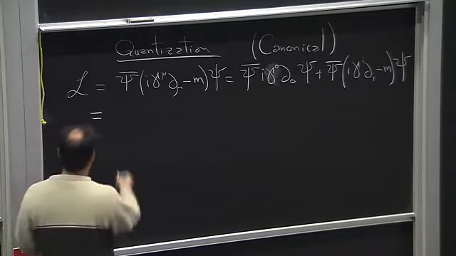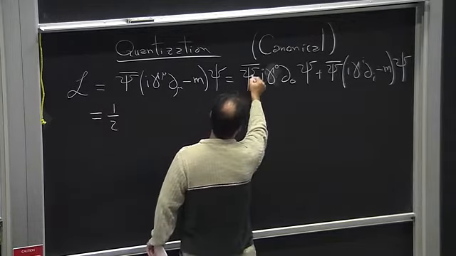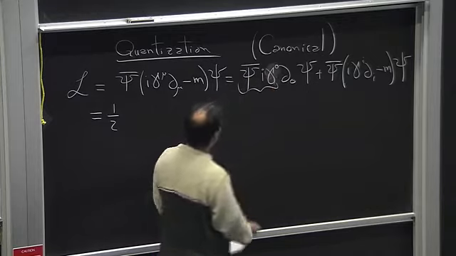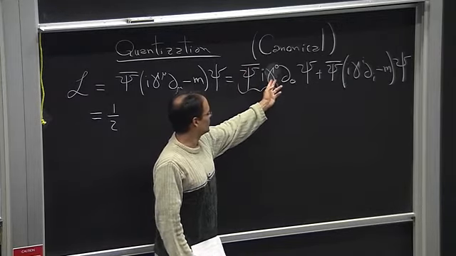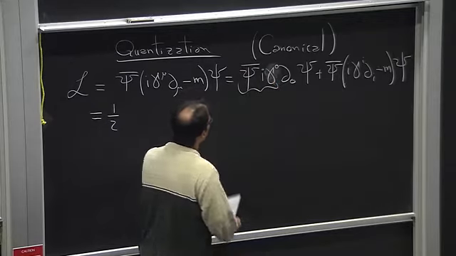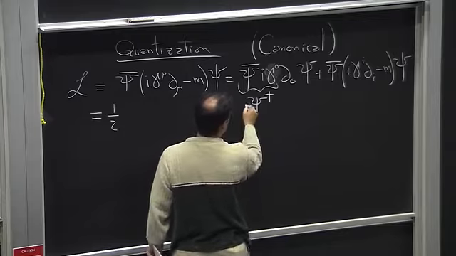Then, first of all, there is something nice that happens here, which is that the gamma 0 in the definition of this guy gives us the identity. So we can replace this immediately by psi dagger.